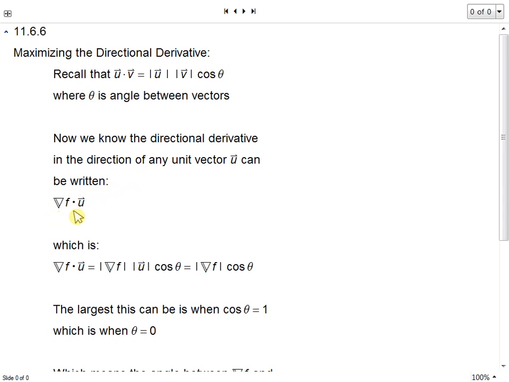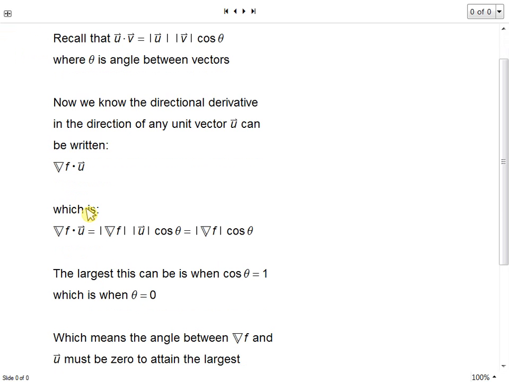It's the dot of the gradient and the vector u. That is the same as the length of the gradient vector times the length of u times cosine of the angle between them. And why is this just this? Because u is a unit vector, so its length is 1.